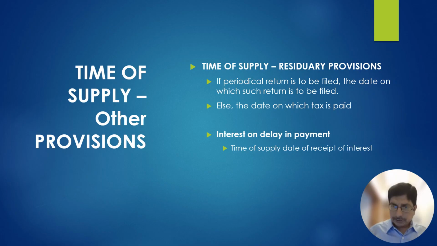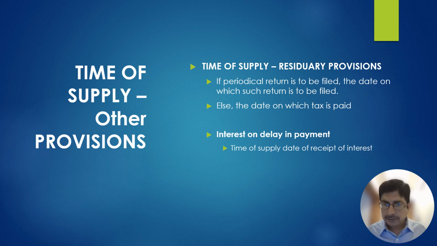One, any consideration received in the form of interest for the loan given is exempt interest. Another aspect: this is the interest for delay in payment of consideration for the supply of goods or providing of services. This is not exempt. This is chargeable to tax. Under which provision?